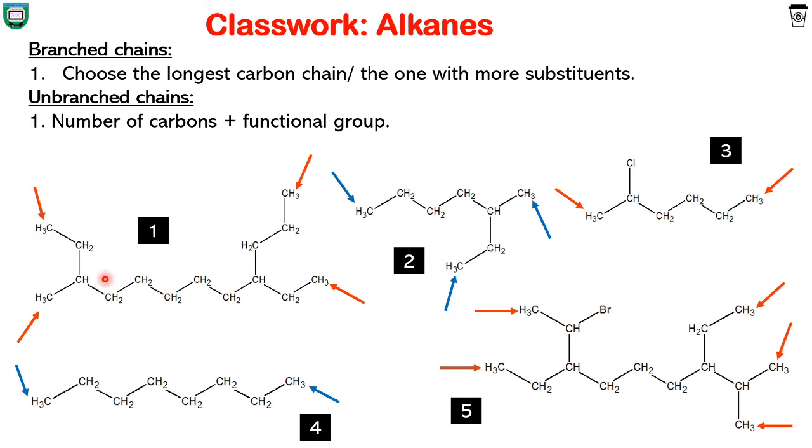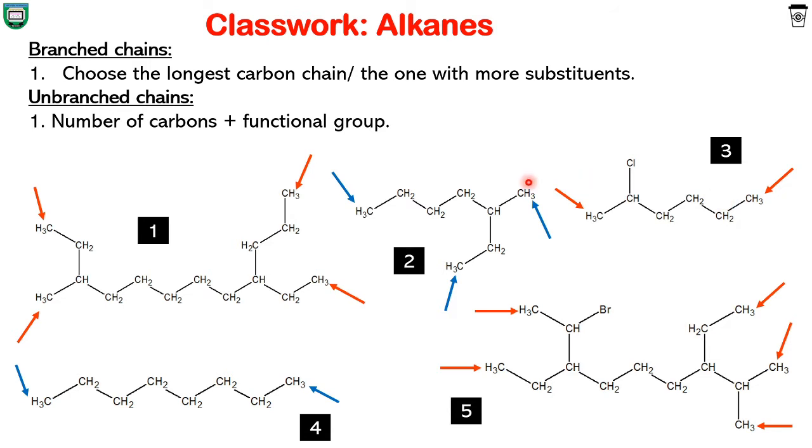Let's count it: 1, 2, 3, 4, 5, 6, 7, 8, 9, 10, 11, 12. If you follow this other path, 1, 2, 3, 4, 5, 6, 7, 8, 9, 10. So one path gives 12 carbon atoms, and the other gives 10 carbon atoms. So we choose the first as our parent chain.